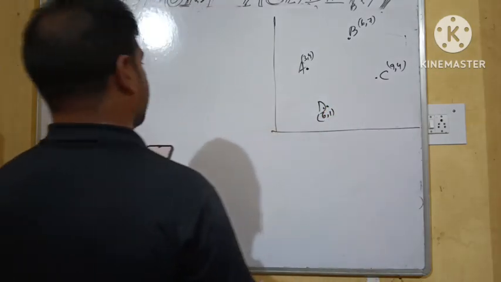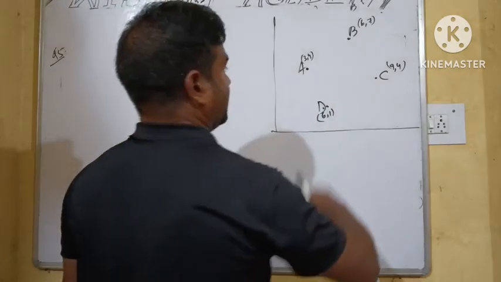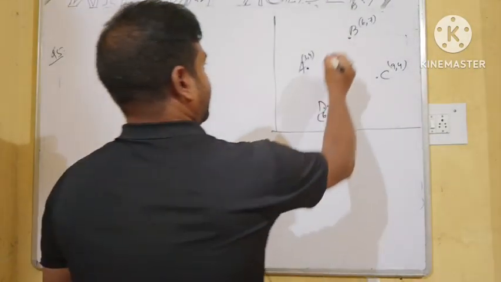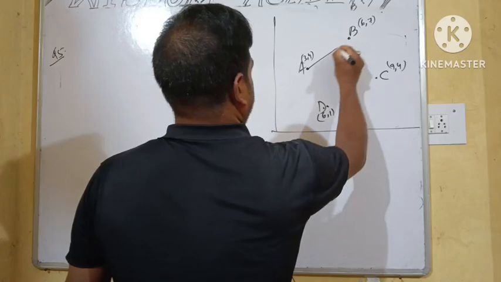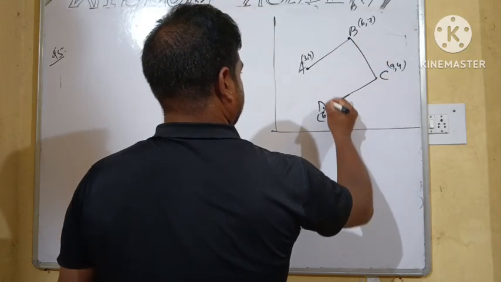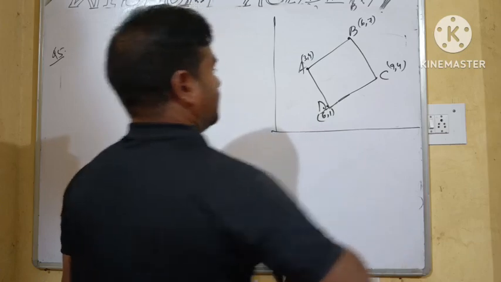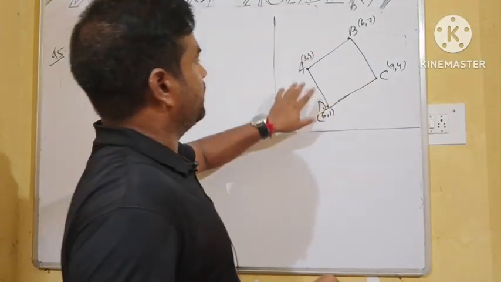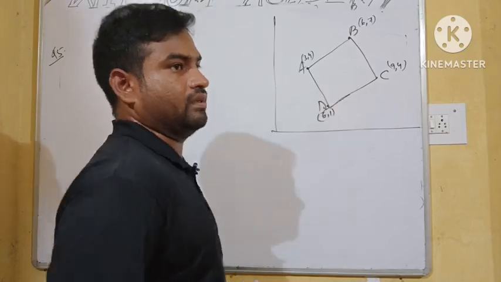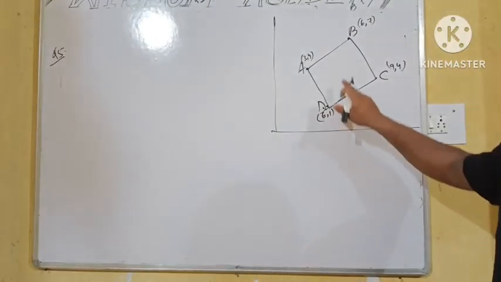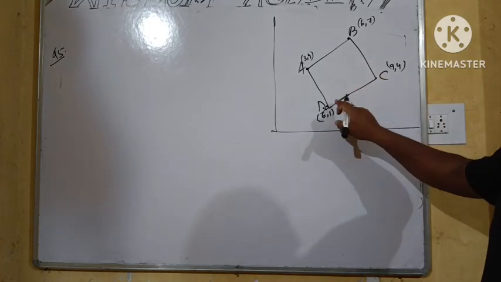So these are the coordinates of ABCD according to this graph. Then we join AB, BC, CD, and DA. If ABCD is a square, then its 4 sides are equal: AB, BC, CD, and AD.